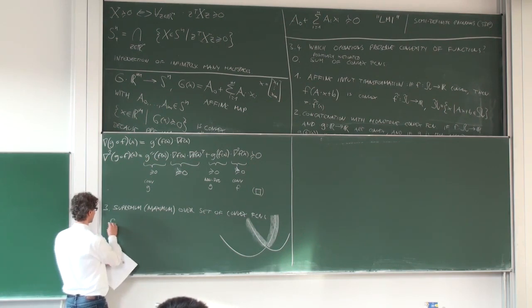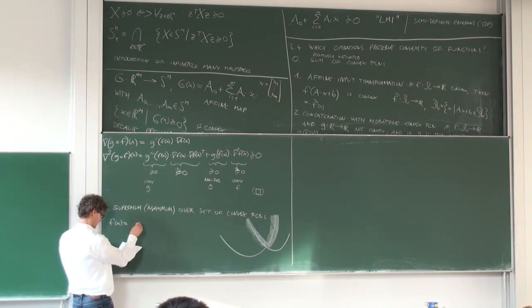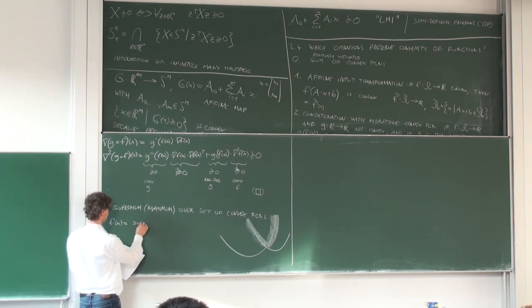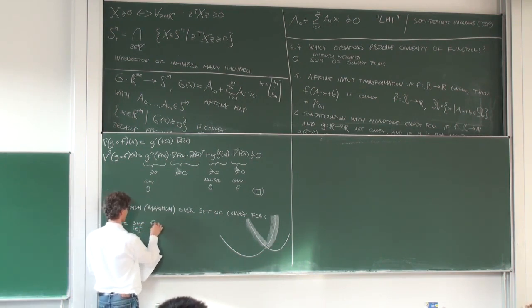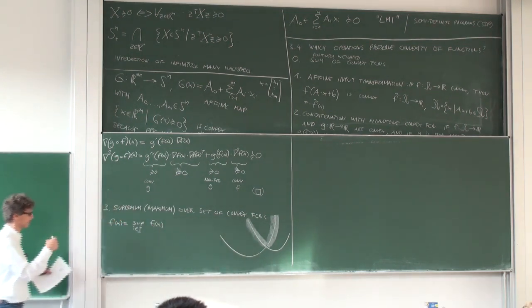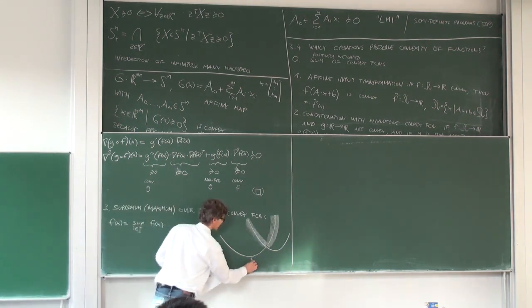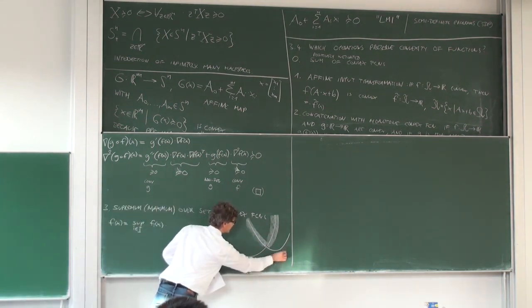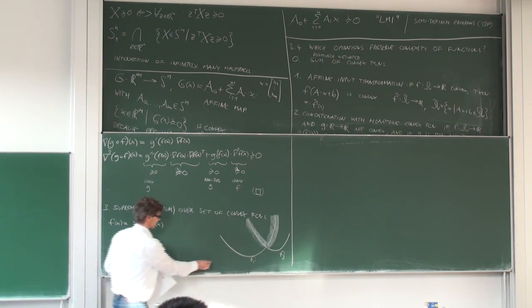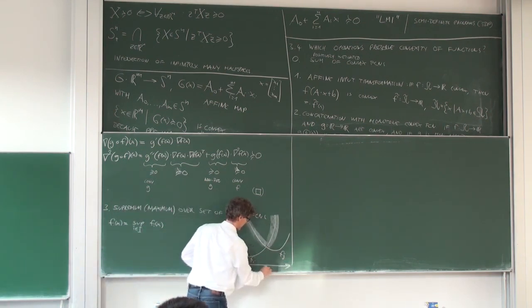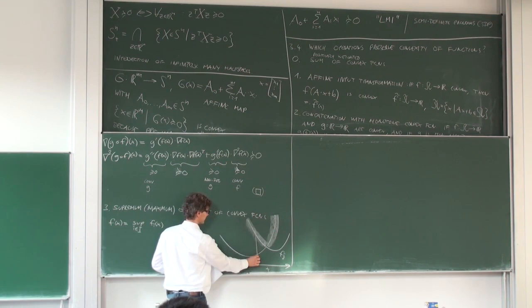So f of x, the supremum of all i in some index set I of the functions f_i of x. So this is f_i, this would be f_j, and this would be x. And we take the pointwise supremum.